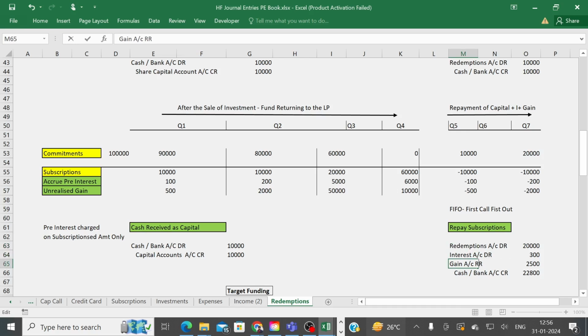Gain account also debit to cash and bank account credit. So this is how you can process. It will tie with 22,800. So this is how you can post the accounting entries in the books of account and process it.